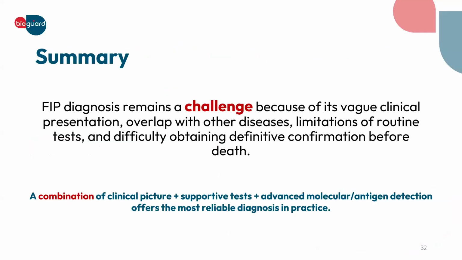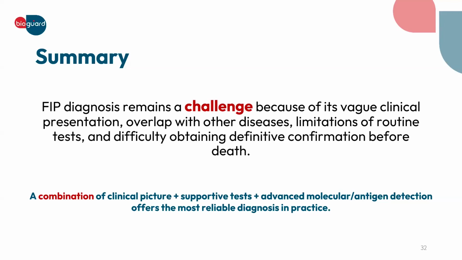Yeah. So in summary, FIP diagnostics will always remain a challenge. It's not that the diagnostics currently available are wrong or right. It's always because of the condition, the stage, the symptoms, the sample collection, and so many other factors that we discussed today.